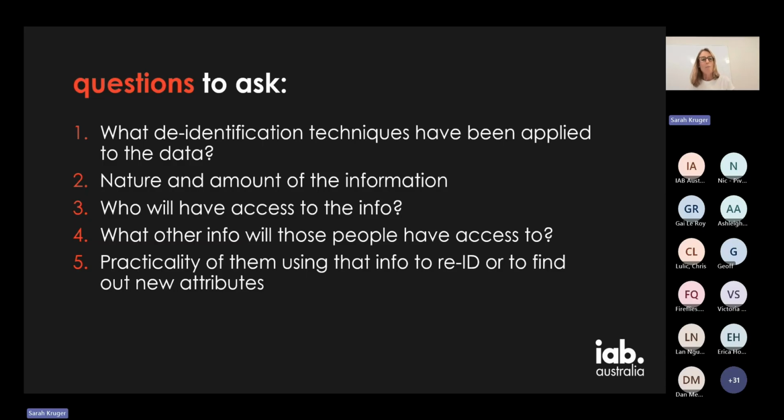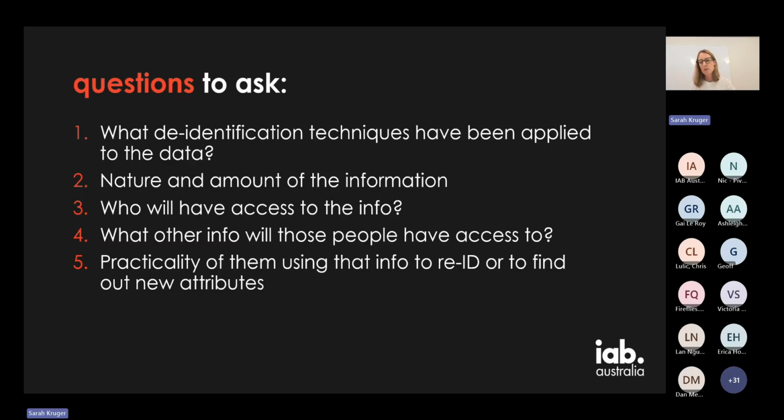So here, ask what de-identification techniques have been applied to the data. If you're a lawyer, make sure it's in language you understand. Don't feel silly about asking a tech person to drill down. Similarly, if you're a product person, make sure you understand from your legal people exactly what they need.